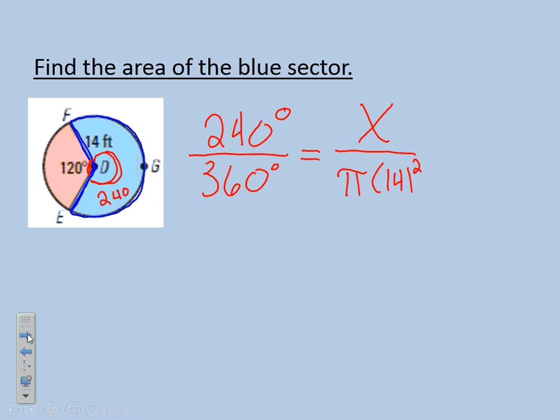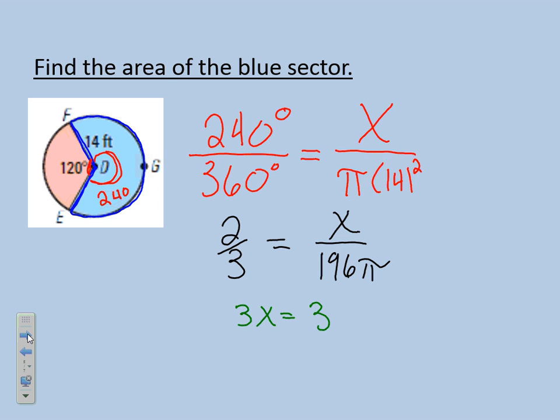Now I'm going to simplify this before we go on, so we're going to simplify 240 over 360, which simplifies to 2/3 equals X over, if I take 14 squared, I get 196 pi. Now we're going to cross multiply. So when I cross multiply this, I get 3x equals, I'm just going to take 196 times 2 and I get 392 pi.